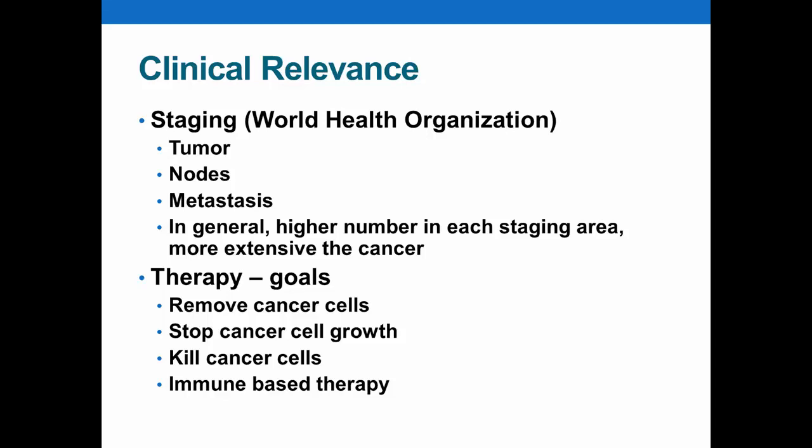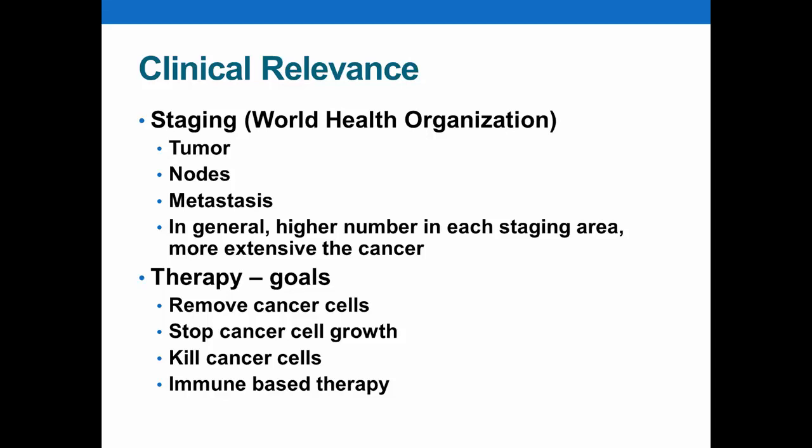Certainly, we are happy about killing cancer cells. We can do this through chemical toxins, chemotherapy agents, or through radiation injuries, through either internal or external radiation, because we're facilitating cellular injury through radiation. Last but not least, we use immune-based therapy.